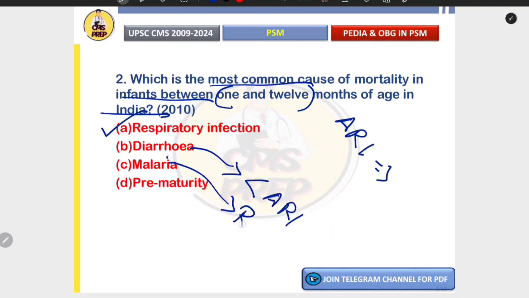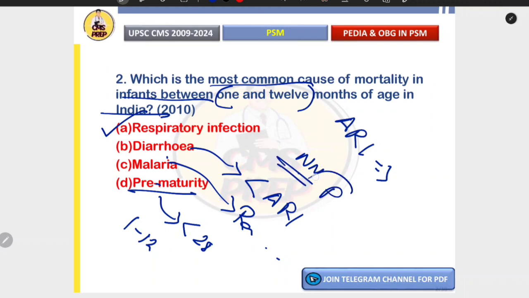Malaria is rare in infants, and prematurity affects neonatal deaths, that is less than 28 days, not infants aged between 1 to 12 months. So the concept is that once the baby survives the neonatal period, infections like pneumonia become a major threat for the survival of the baby. Hence the correct option is respiratory infections.